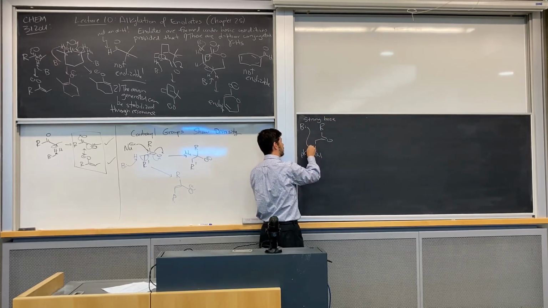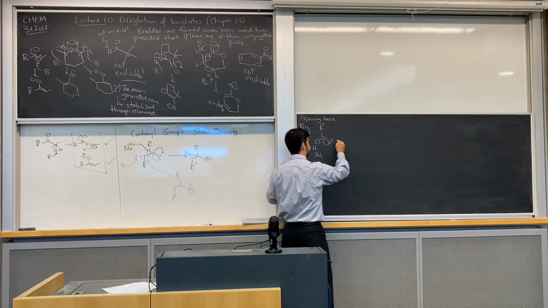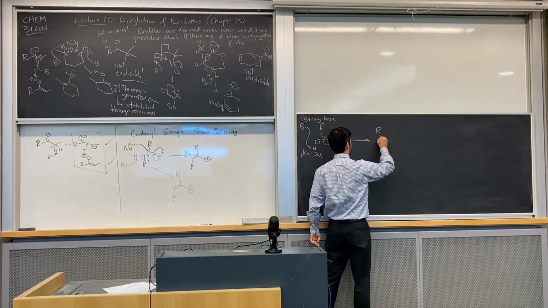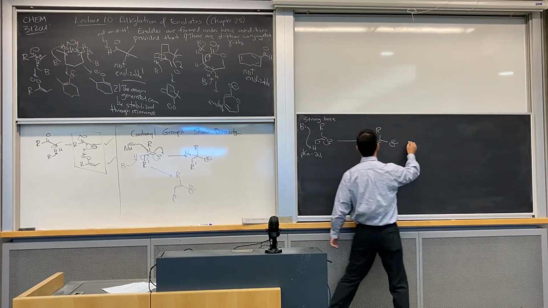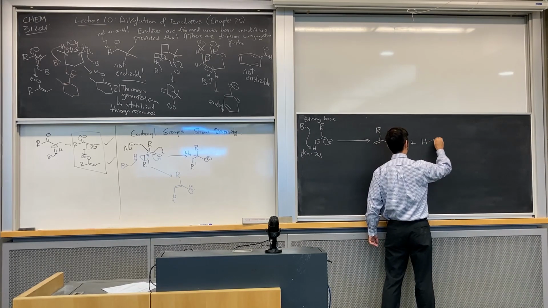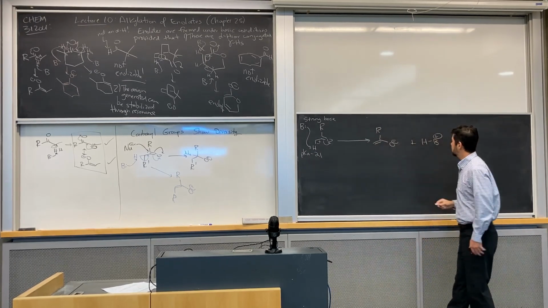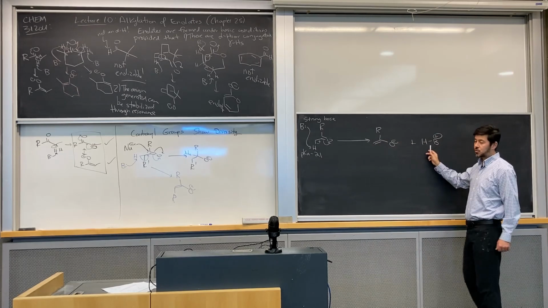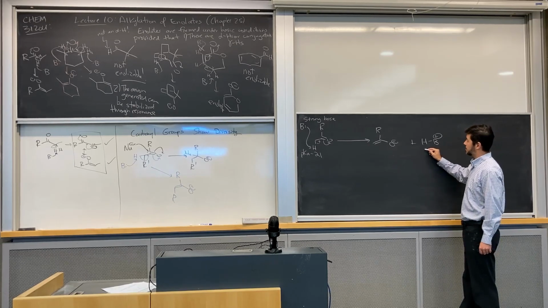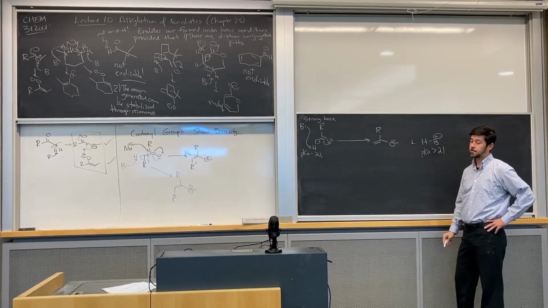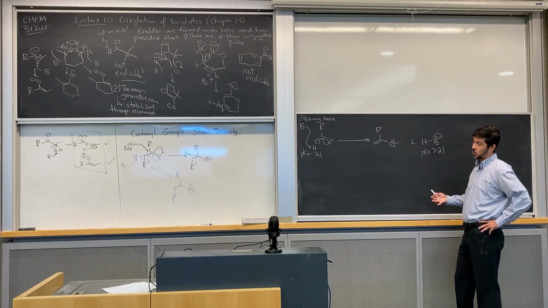If this base comes and removes that proton, you generate your enolate plus your conjugate acid. And let's assume that this is a very strong base, so the conjugate acid of that reaction is going to be quite high. So in this case, let's say the pKa of this is going to be much greater than 21. Okay, so that's just one example.